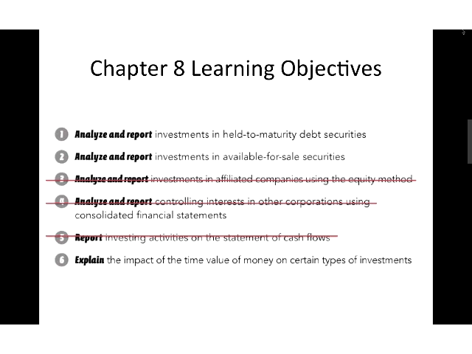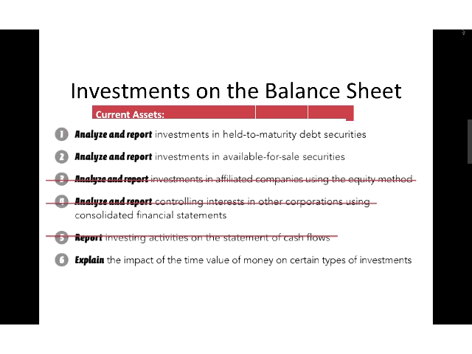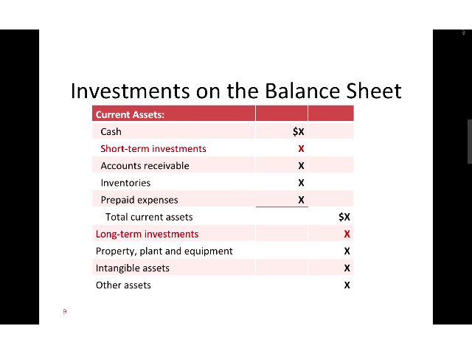As I said, long-term investments are on the balance sheet, and where they are specifically on the balance sheet, when we look at a balance sheet, our first item is going to be cash, and then we have short-term investments because those are close to cash. Then we have accounts receivable, inventory, prepaid expenses. Those are all current assets.